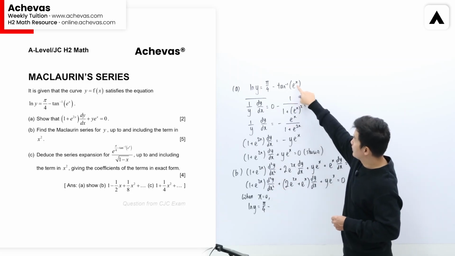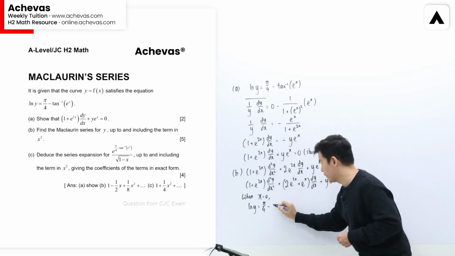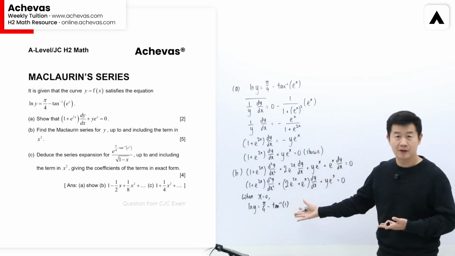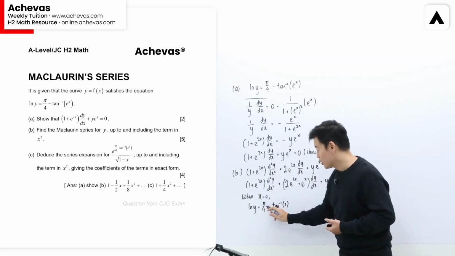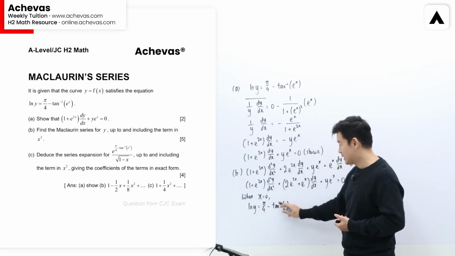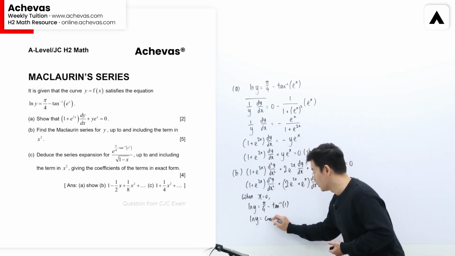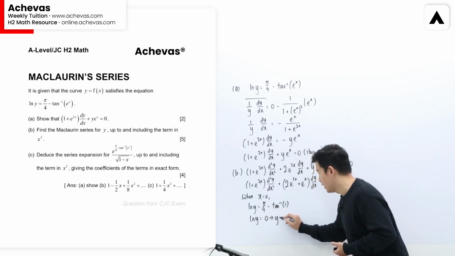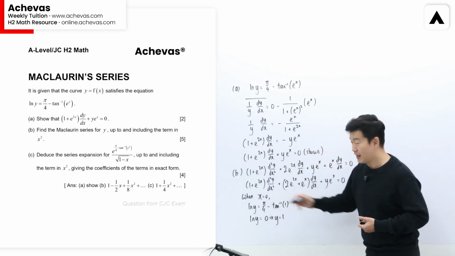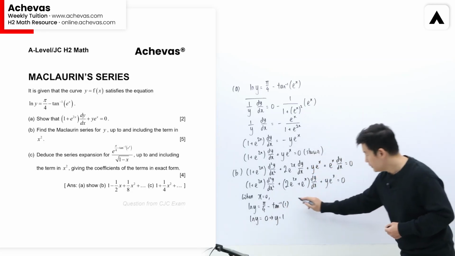So we will have e to the power of 0, which is 1. So here we will have a tangent inverse of 1, which is pi over 4. That means ln y is going to be equal to pi over 4 minus pi over 4. So ln y is going to be equal to 0. This tells us that y is equal to 1 when x is equal to 0.